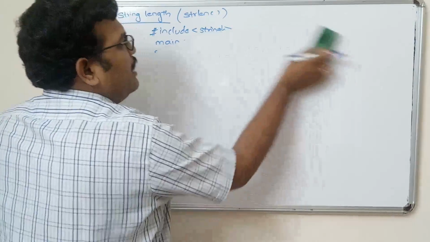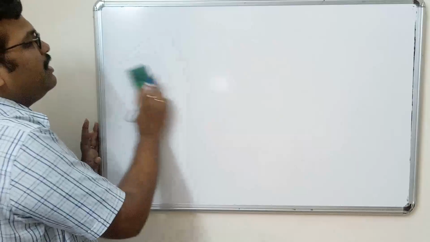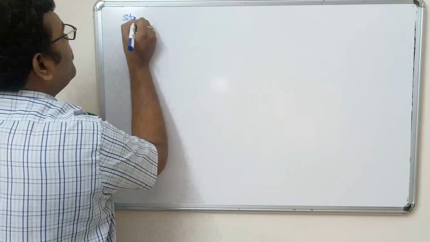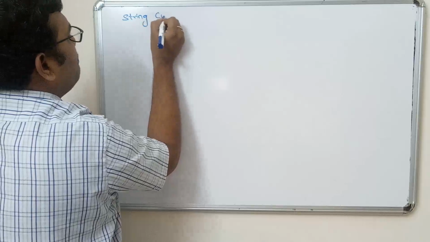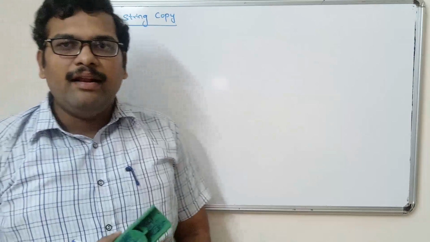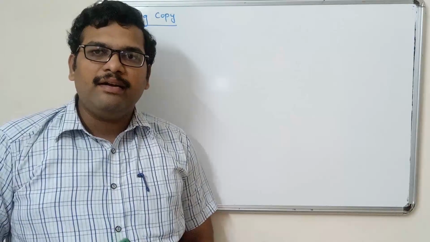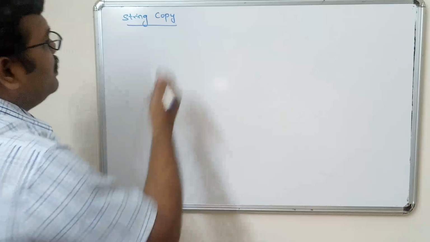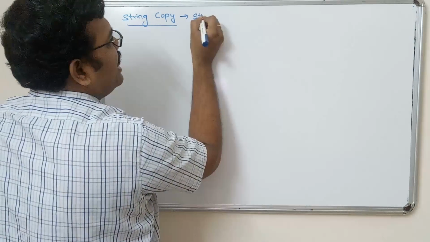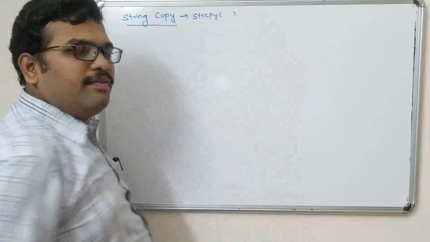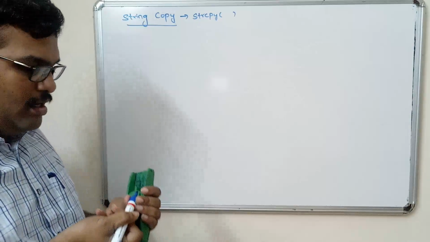So now let us see the second thing, that is string copy. Here we will copy the content of one string to another string. So the function is strcpy, and it will take some arguments.